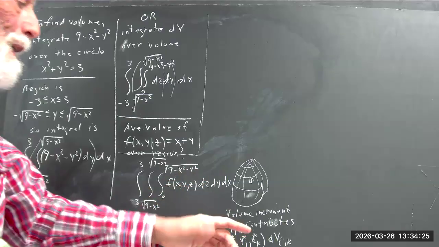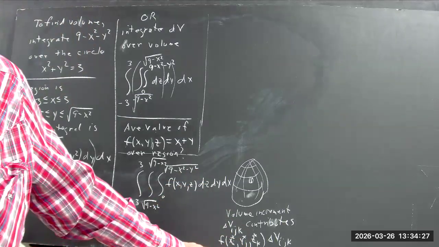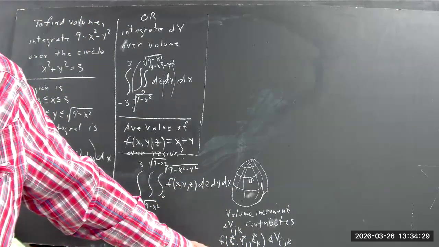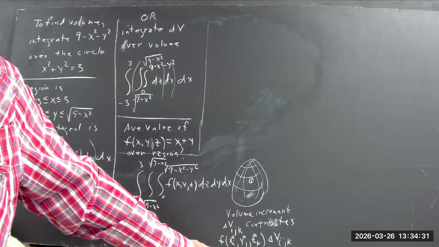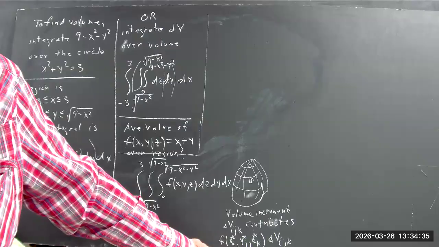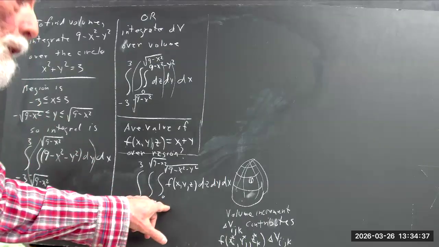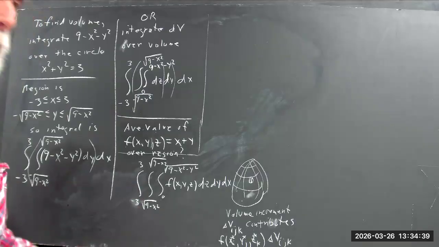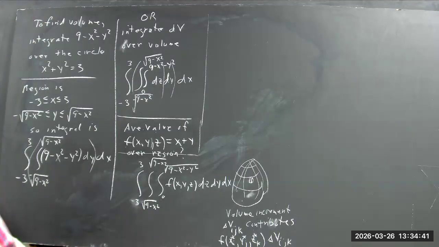Because this triple sum, you sum up this integral over all i's, all j's, and all k's, you take the limit as the size of the regions goes to zero, and you get the integral that you can do using the integration techniques that you know. Hopefully. A lot of integrals, there's no integration technique that will work.